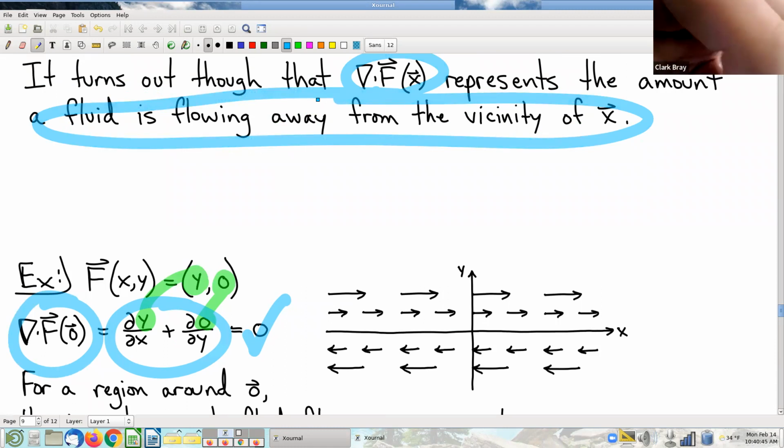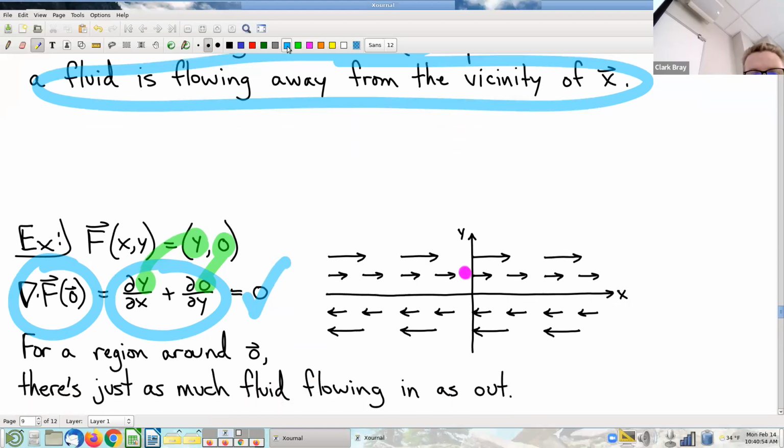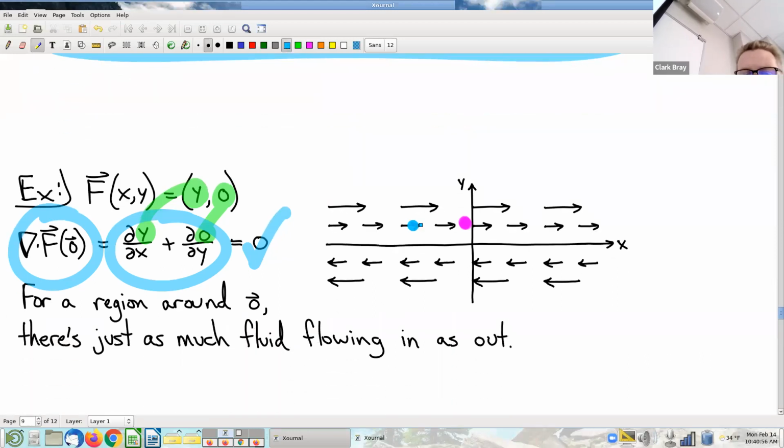Because if you look at a point here, like let's say a point right there, there is at that point some fluid flowing into that general vicinity. There's also some fluid flowing out from that general vicinity. And there's just as much going out as there is going in. So altogether, is the fluid emanating generally outward away from that point?